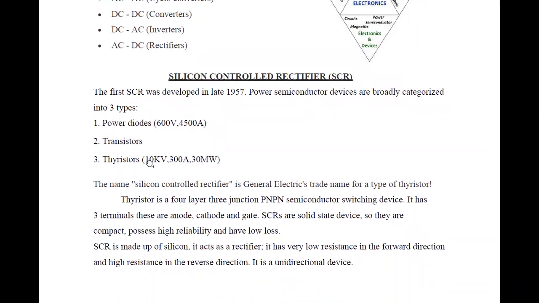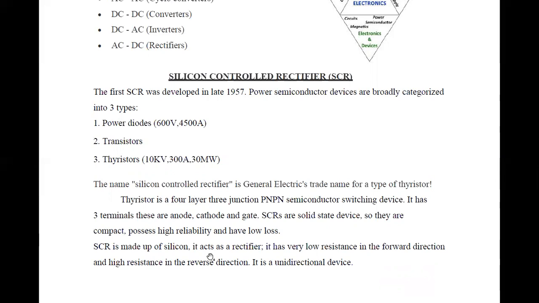It consists of 4 layers and 3 junctions, and the 4 layers are P, N, P, N, and it is a switching device. It has 3 terminals, namely anode, cathode, gate, and SCR is a solid state device. So it is compact, very easy to use, it has high reliability, and it has low losses.